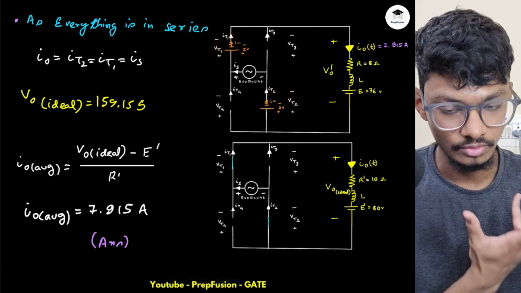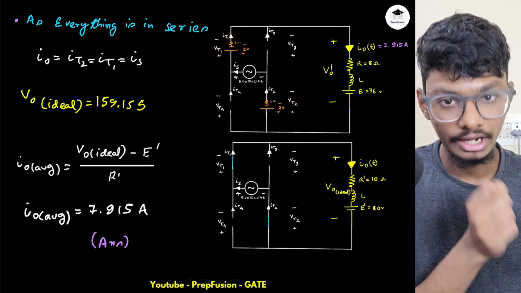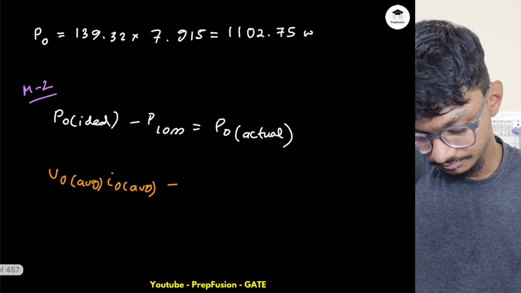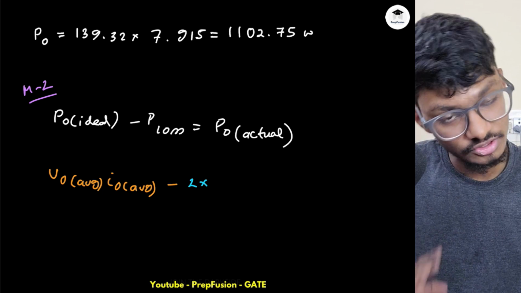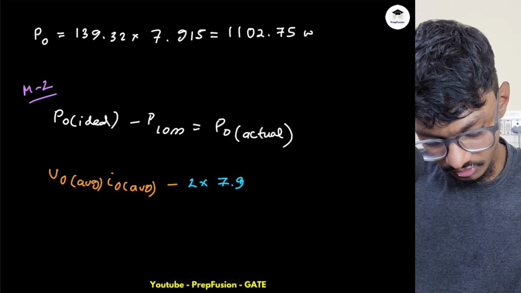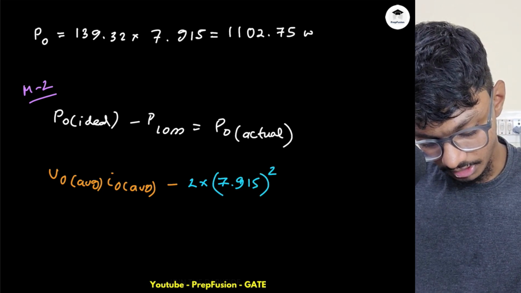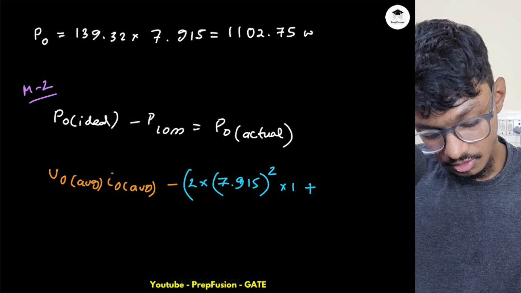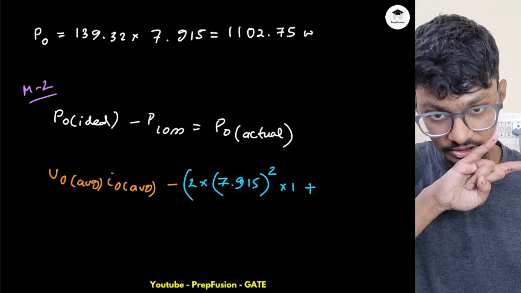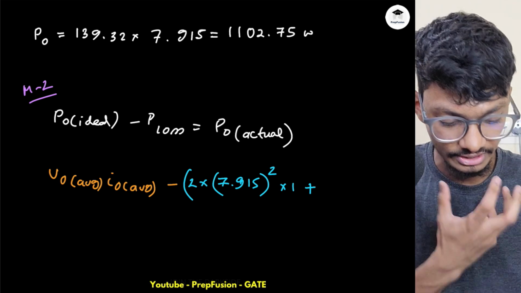It is IO square into R. There are 2 switches, so it will be 2 into IO square into R, which is 2 into 7.915 whole square into R. R is 1, and another loss is the loss across the on drop, V on.